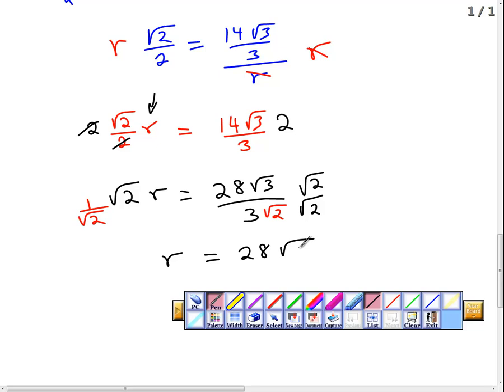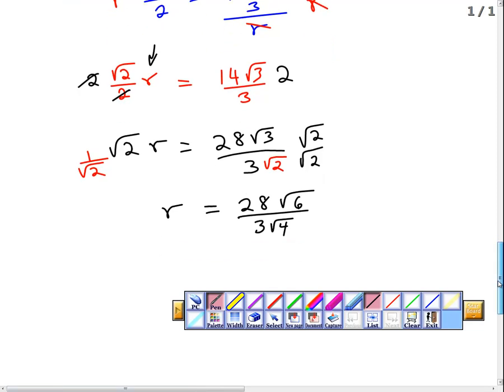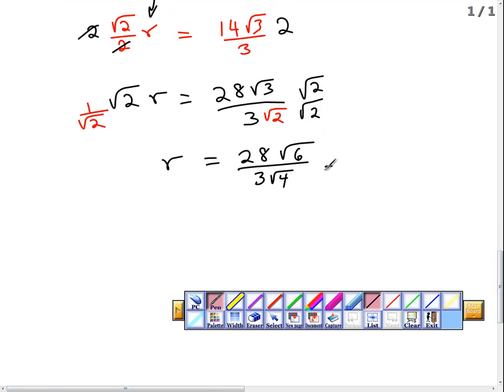Harley? 6 over, well, this is going to be 3 times the square root of 4, right? Which is going to become, that's right. That'll just become 2. And so you get 28 square root of 6 over 6. But we can simplify that, right?